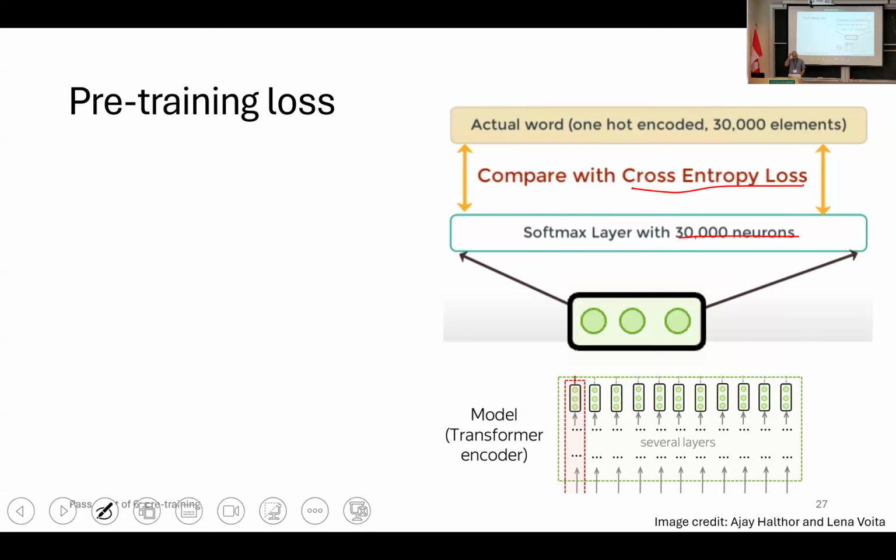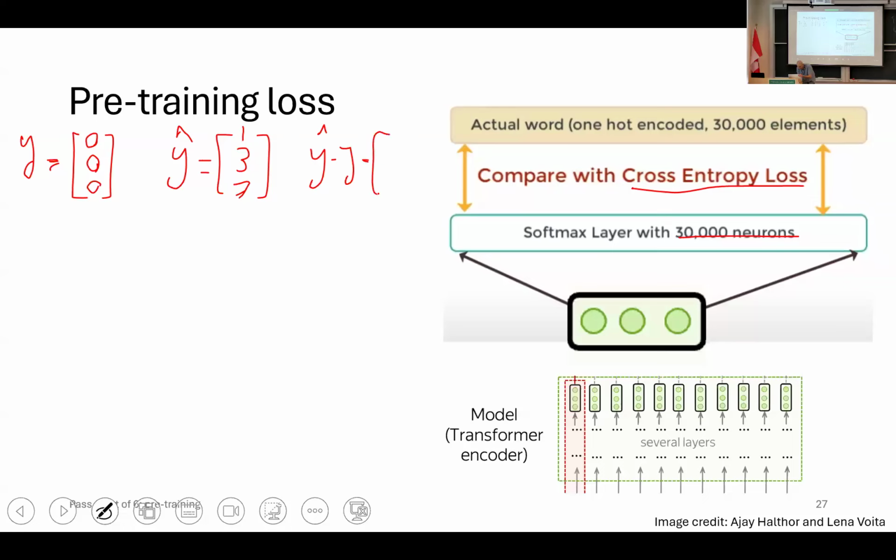So let me just give you an example. Let's say that the label we should have predicted was this 0, 0, 0. The vector that we predicted is 1, 3, 7. The cross entropy loss is calculated like this.